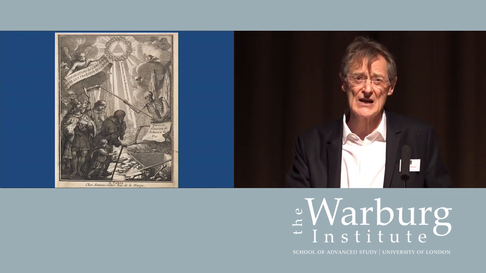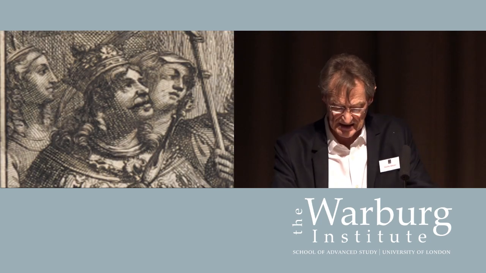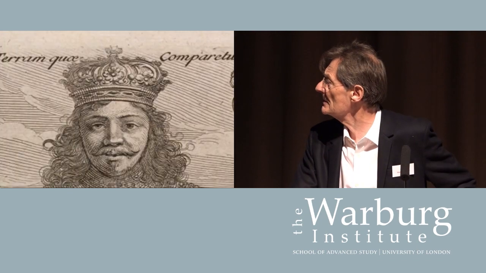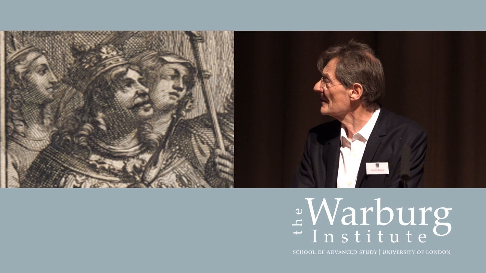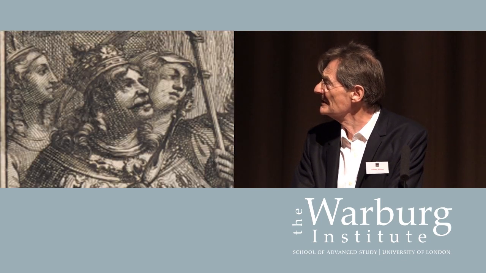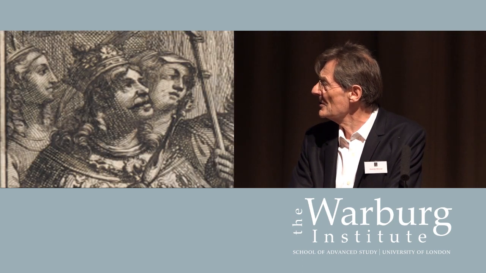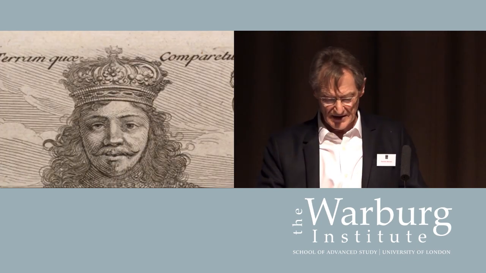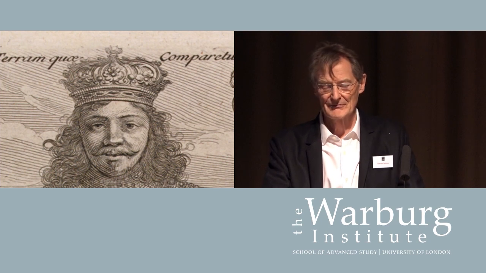Although this is not going to come out well, I'm going to put it into close-up. But there he is. Now, there's Leviathan. Look at that moustache. Look at that nose. Look at that crown. Look at that hair. It is a sovereign. Thank you very much.